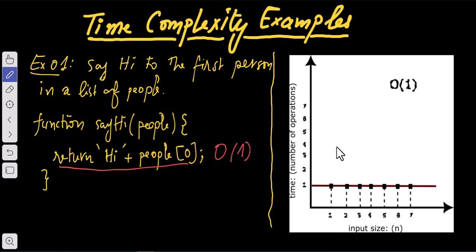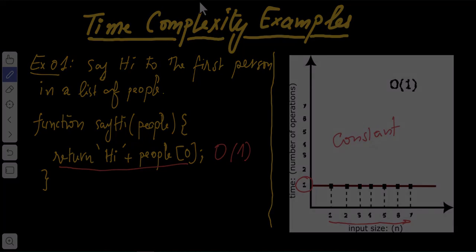So we say that the algorithm has a constant time complexity. No matter how the input size grows larger, we always have a constant number of operations done by executing the algorithm.